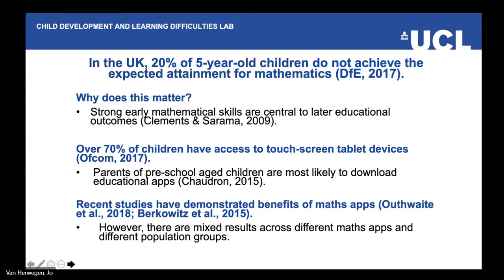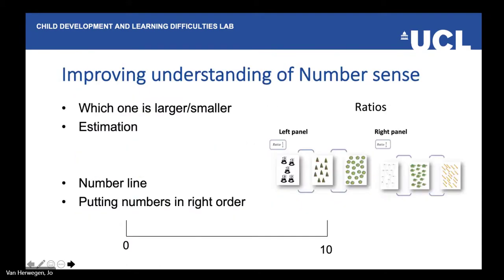So just to show you that we do have a little bit of a difficulty with maths development in the early years. In the first session, we talked about the core components of mathematical development, and one of the areas we talked about was number sense, which, as you may remember, is the ability to very quickly understand which one is larger, or your ability to estimate how large a number is, as well as understanding how numbers relate to each other.